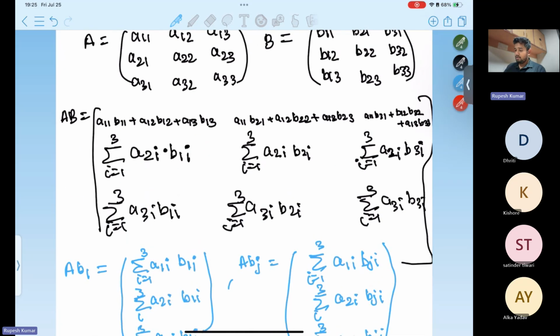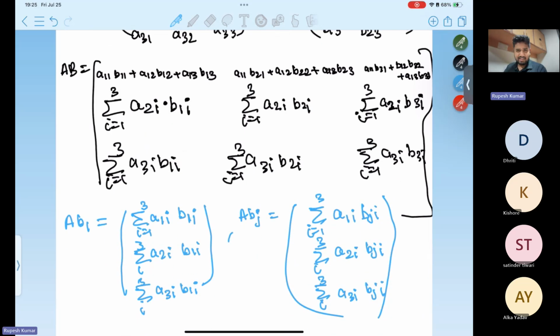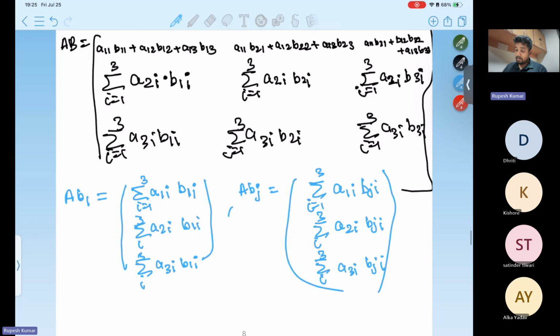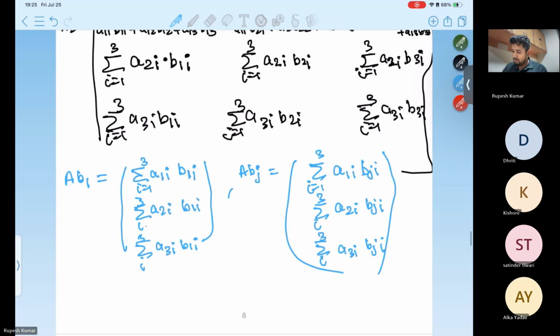Now you look at the product A into B. Does it look like AB1? Let's look at the first column. It says A11 B11, right? I put I equals 1 here, plus A12 B12, put I equals 2 here, again plus A13 B13, put I equals 3 here. Now the second row, first column looks like summation I equals 1 to 3 A2I B1I, right?